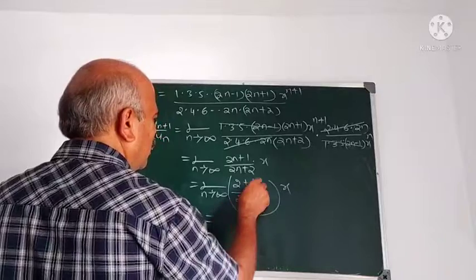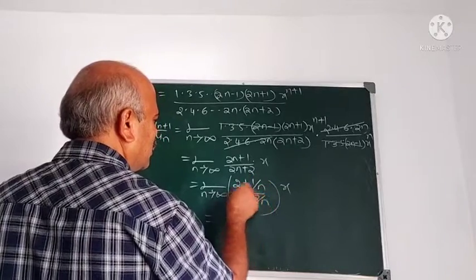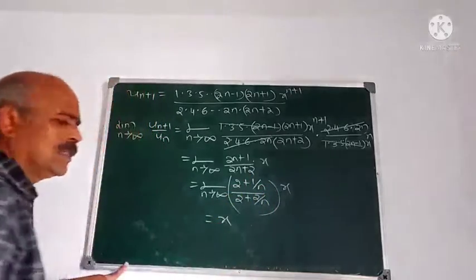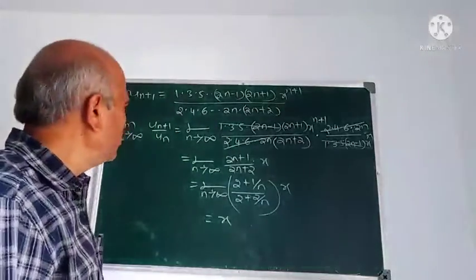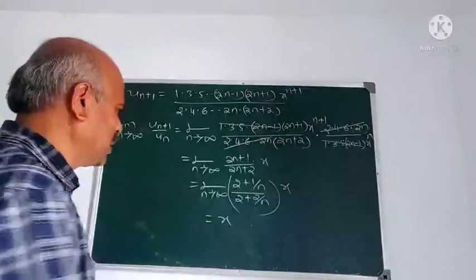The 1 by n and 2 by n terms become 0. So limit un plus 1 upon un is x.